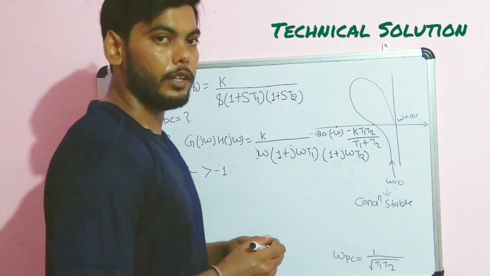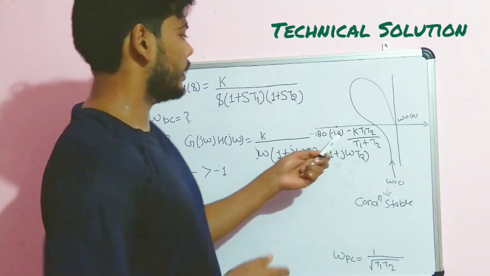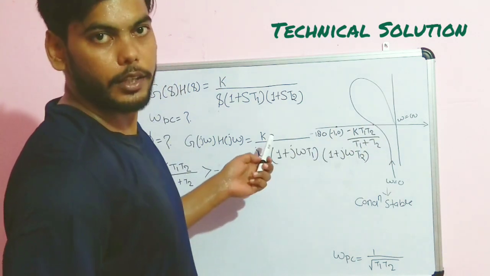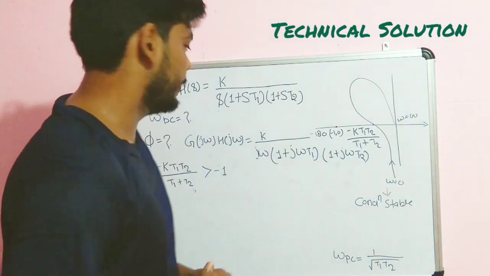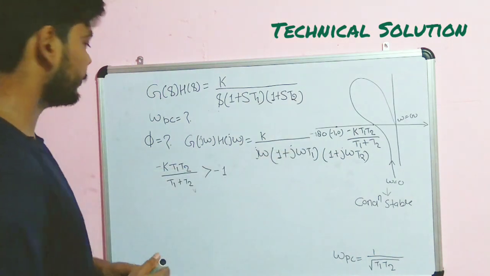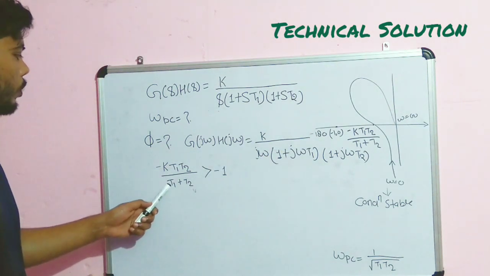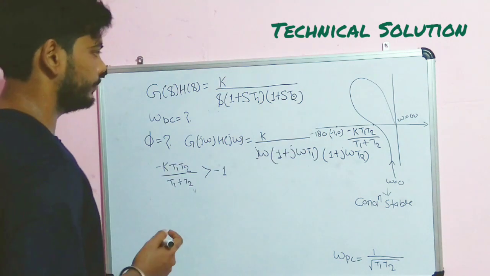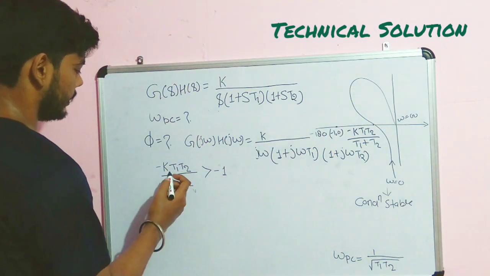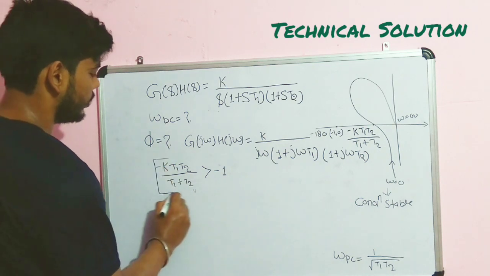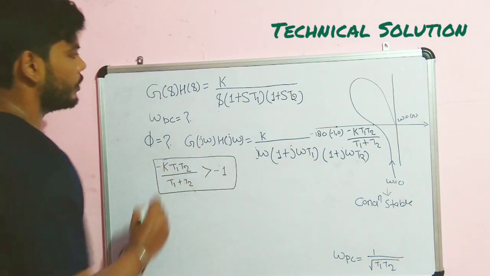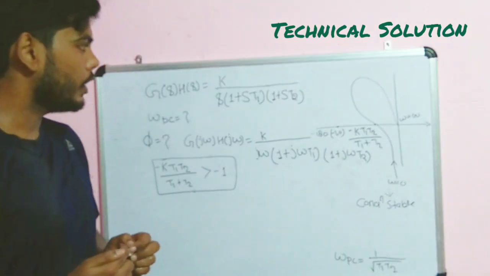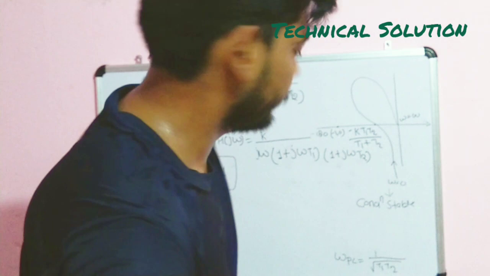For a stable system, the reference point minus 1, 0 lies on the left side of the polar plot. For this, minus k t1 t2 upon t1 plus t2 is greater than minus 1. So this is the condition for the transfer function to be stable. Okay, so let's see the next problem.